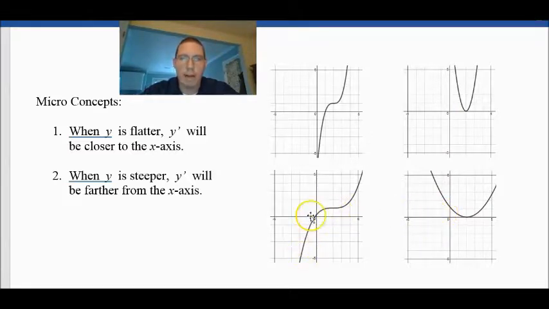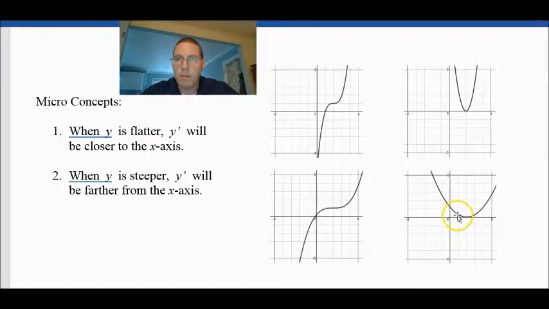And so, when we look at the derivatives over here, you can see that this one right here, the one that's flatter, its derivative should be closer to the x-axis. And you'll notice here, at x equals 1, this one is about 3 units away from the x-axis. But here at x equals 1, this graph is much closer to the x-axis.